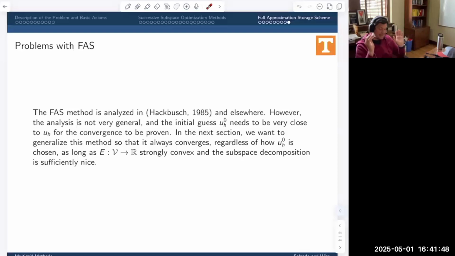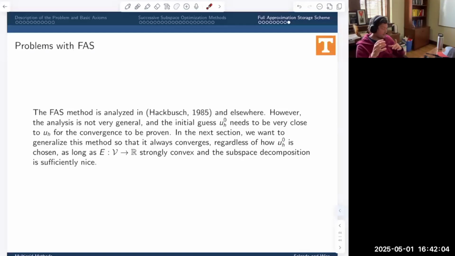So it works, and it turns out it is very efficient. FAS, when it works, converges with almost the same rapidity as the linear two-grid method, which is kind of remarkable.